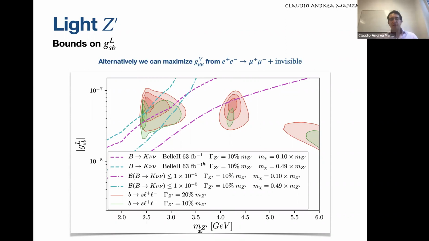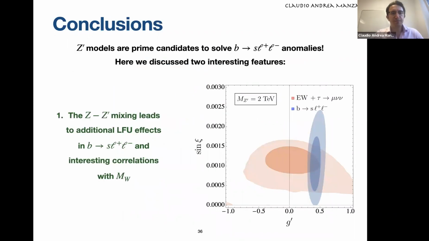So let me very briefly summarize what I said so far. I discussed two interesting features of Z prime models. The first one is related to heavy Z primes. Here I showed you that the mixing angle, which is often neglected in the discussion of Z prime models in terms of B2SLL data, can also lead to interesting correlation with other measurements, and in particular with the latest measurement of the W mass.